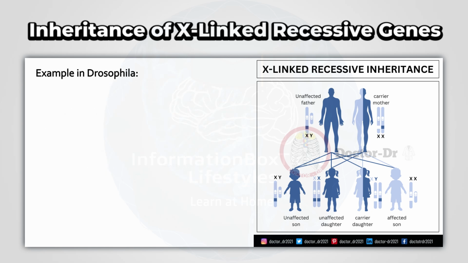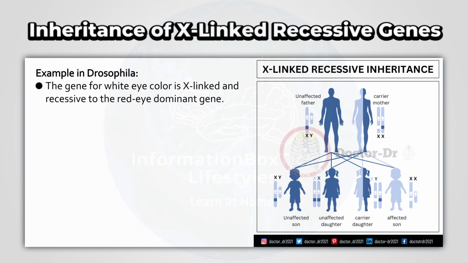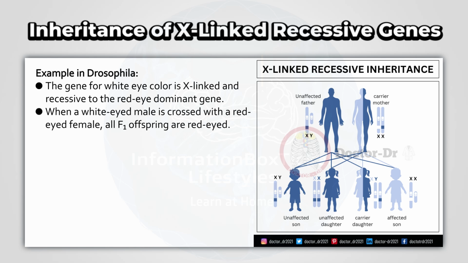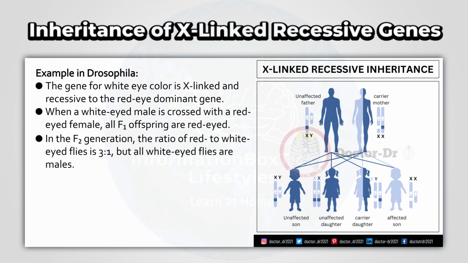Example in Drosophila. The gene for white eye color is X-linked and recessive to the red eye dominant gene. When a white-eyed male is crossed with a red-eyed female, all F1 offspring are red-eyed. In the F2 generation, the ratio of red to white-eyed flies is 3:1, but all white-eyed flies are males.